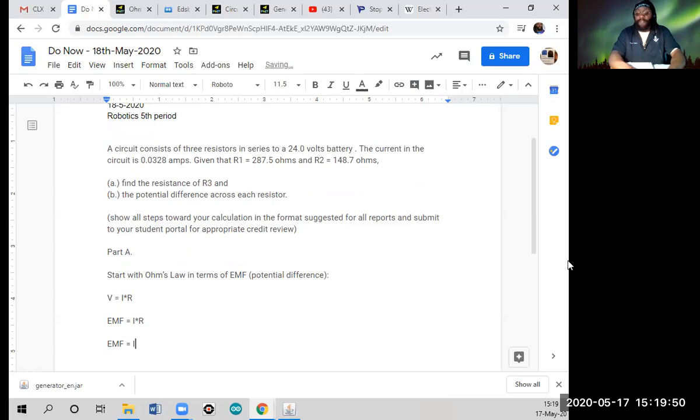So EMF is going to be equal to the current multiplied by our R_eq, or basically, let me just type it out, equivalent resistance. And this is current, because I'm not giving it justice by not saying what it is. You might not know what I'm talking about.